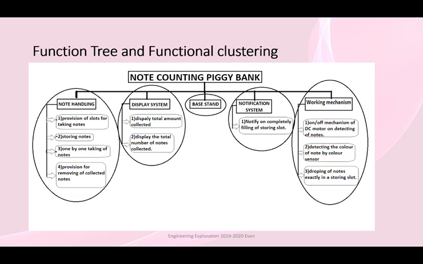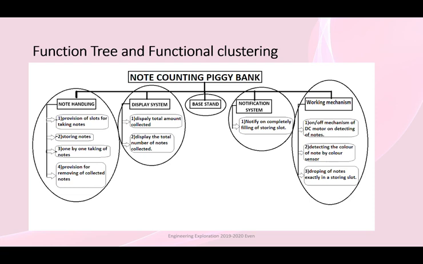Next, storing of notes should be there at the bottom. Third, taking the notes one by one, so that the machine should not crash in between the notes. And at last, there should be a provision for removing the collected notes. As I said in the problem definition, there should be a separate storage for the collected notes.